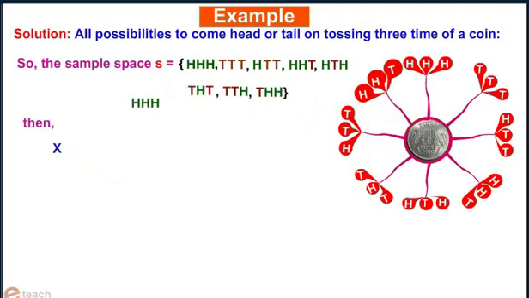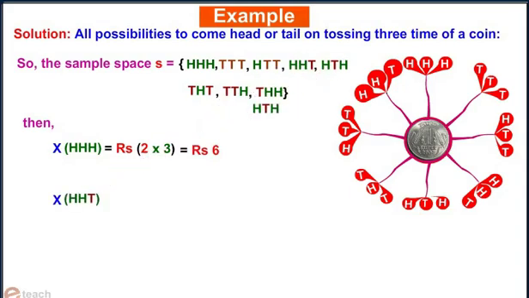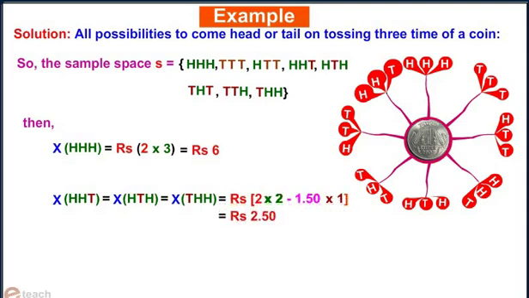Then, X(HHH) equals rupees 2 into 3, which is rupees 6. X(HHT) equals X(HTH) equals X(THH), which is rupees 2 into 2 minus 1.5 into 1, that is rupees 2.50.